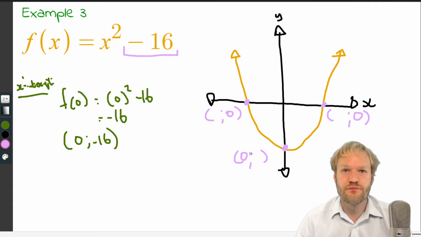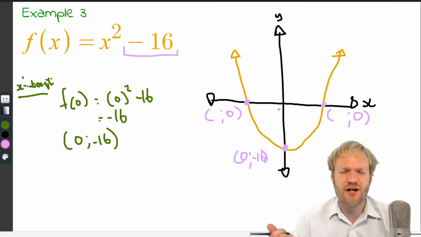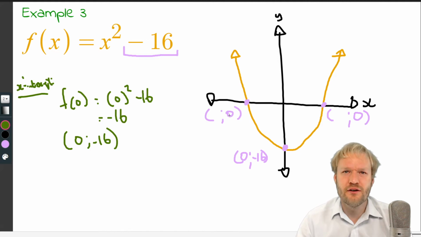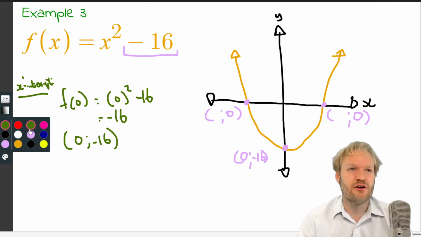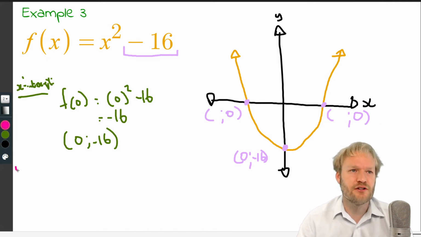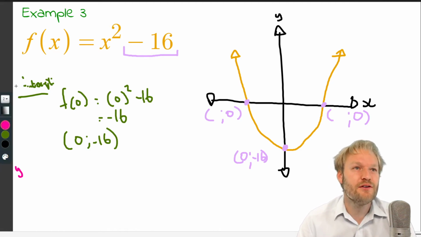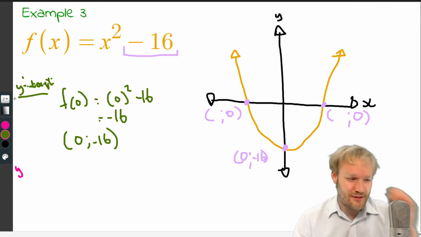There it is. Okay, and then for our x-intercepts, what do we know about them and how are we going to find them? Well, we know that the y value is 0. So let's throw it in here and go, whoopsie, I did this the wrong way around, hey? Let me rewind. That was the y-intercept, right?